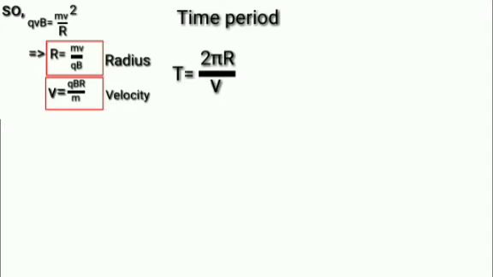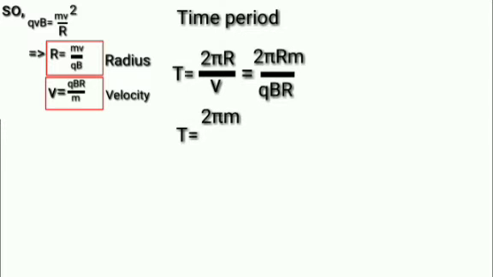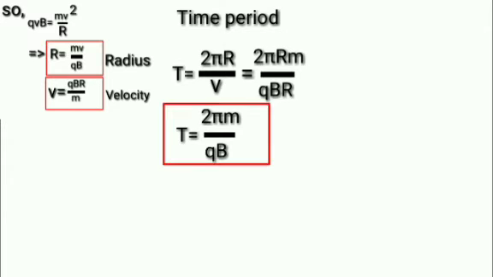We have the formula for velocity, so substituting the expression of velocity in this formula, we get T is equal to 2 pi r divided by qBr by m. So r gets cancelled, and we get the final expression for the time period: T is equal to 2 pi m divided by qB. So this is the expression for the time period of the charged particles.